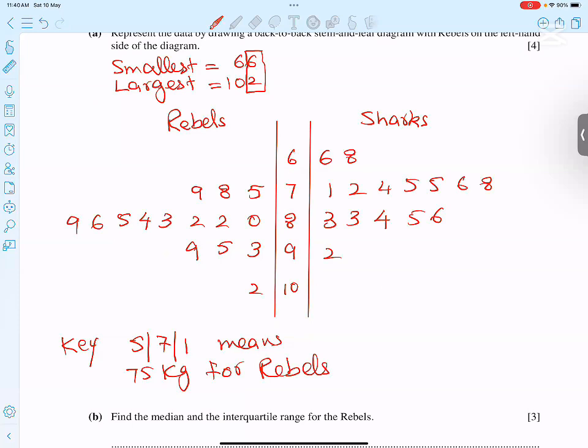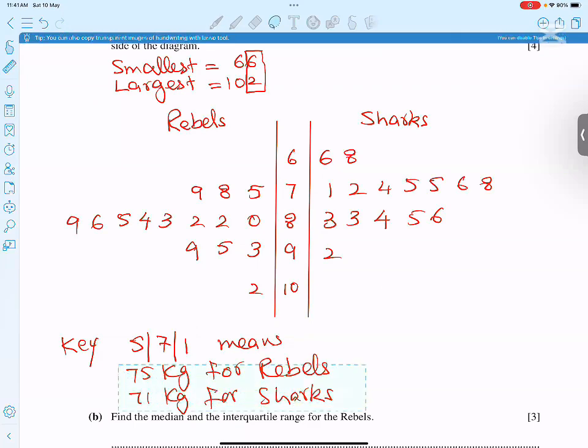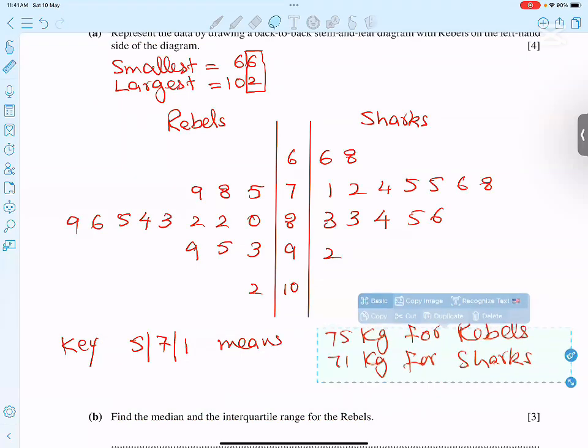And what does this mean? 71. Don't say 17, say 71. 71 kilograms for the Sharks. I hope this part is very clear.